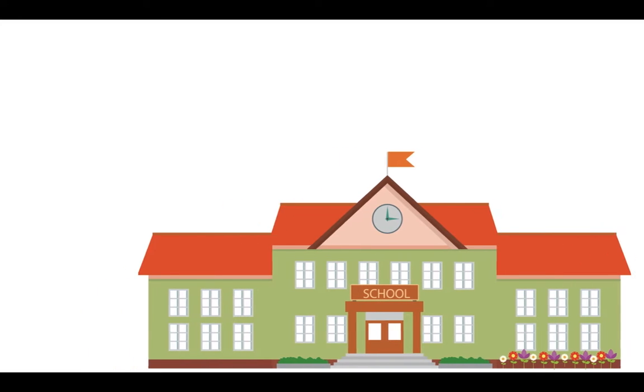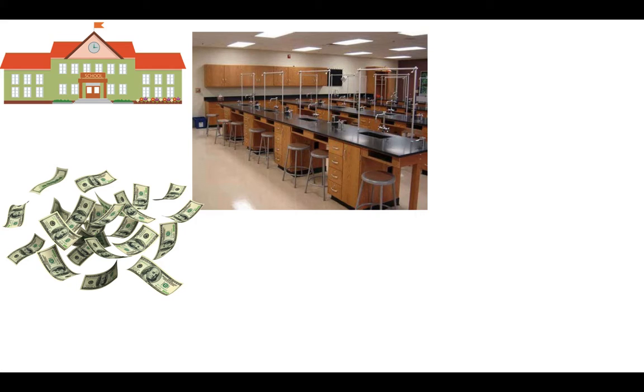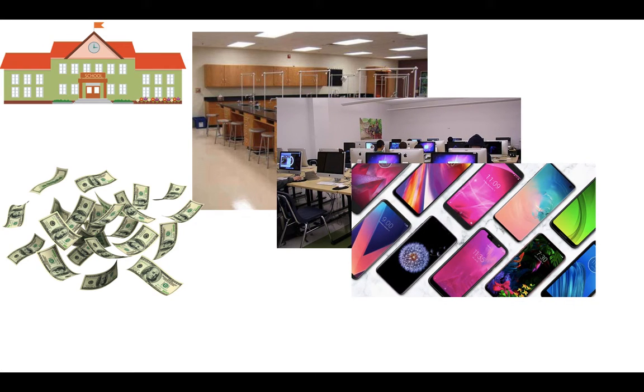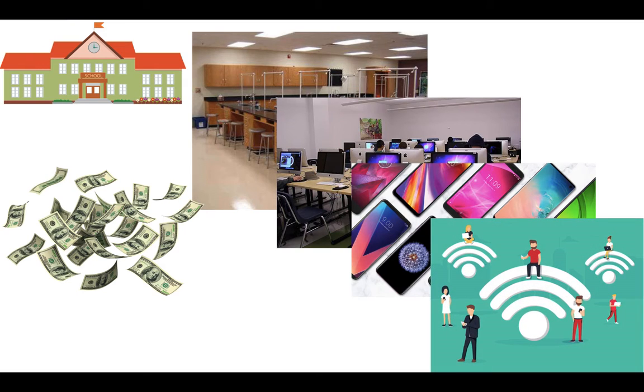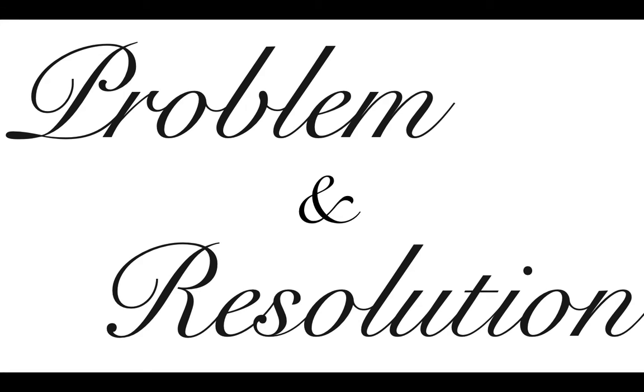Well, we also know that the institution, in order to achieve these goals, has invested money. They have prepared labs, they have bought computers, smartphones, and of course, they have also acquired Wi-Fi for the school. They want these tools and areas to be well used and beneficial for the students.